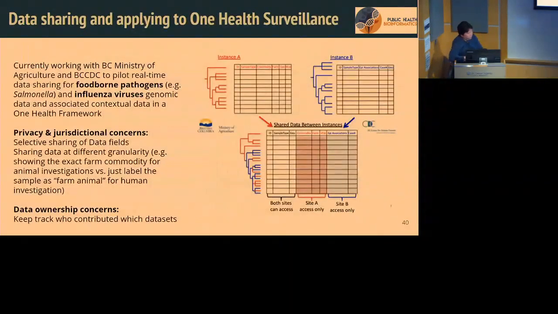Okay, so the last few ideas are about data sharing and applying it to public health and to animal health. Collectively we call it One Health surveillance, by looking at animal health, human health, and also environmental health at the same time, because a lot of these foodborne diseases are zoonotic diseases and have an environmental reservoir.